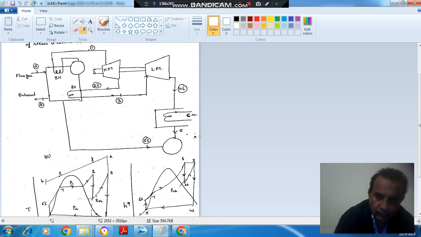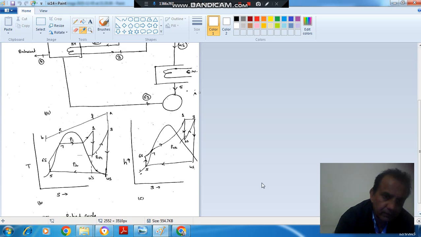So here what we are able to achieve is that if we do not reheat, if we use a simple cycle, then this expansion would be continued up to 4s dash. So here the moisture content is more. By reheating the steam we are able to reduce the moisture content, or we are able to increase the dryness fraction. That is one of the advantages of reheating.